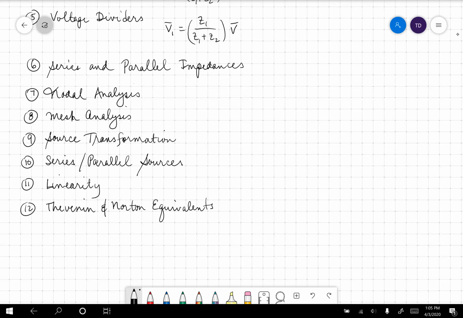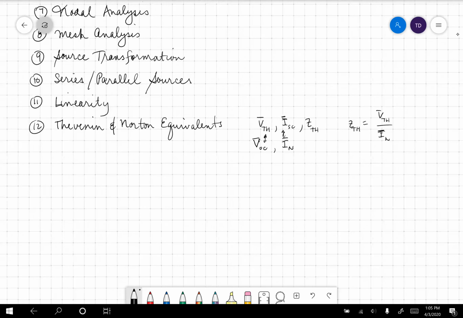The difference here is we're going to have VThev, we're going to have I short circuit, and we're going to have ZThev, but the relationship is still that ZThev is equal to VThev over I Norton. Remember, VThev is the open circuit voltage. I short circuit is I Norton. Those two are one and the same. So all of those things still hold true.